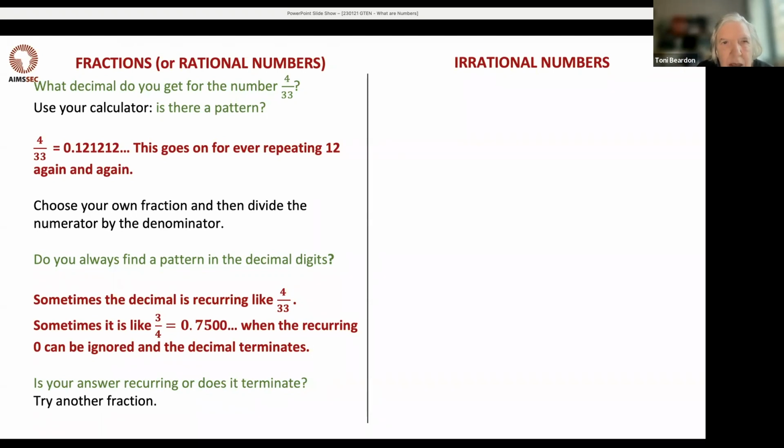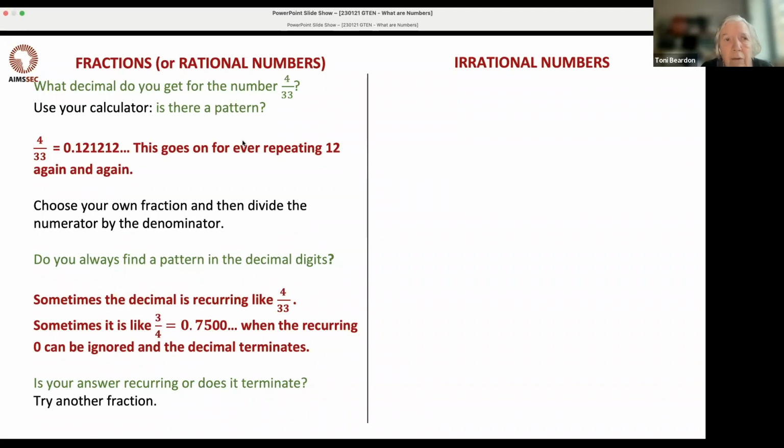But every time you divide one number by another, I assure you, and if you have a calculator that goes to more decimal places, you will see it happening, and you always get a repeating pattern. And it may be repeating zeros. Try it for yourself.